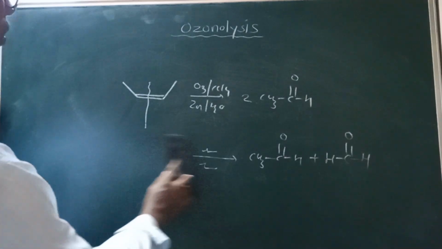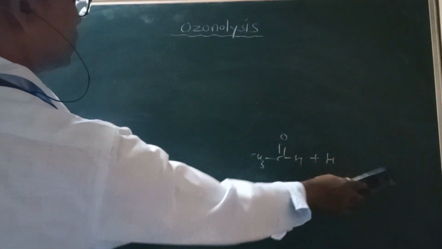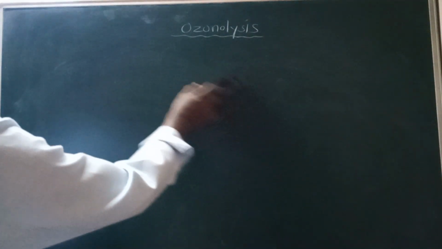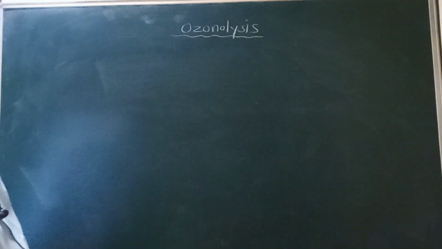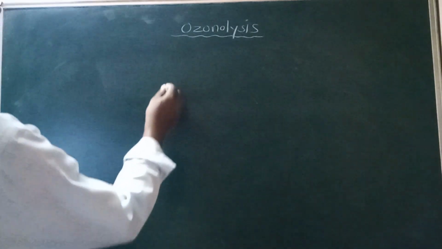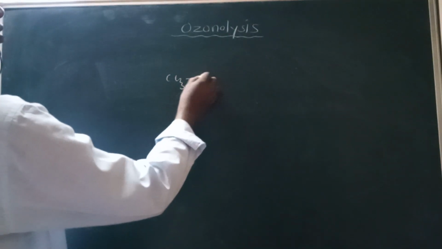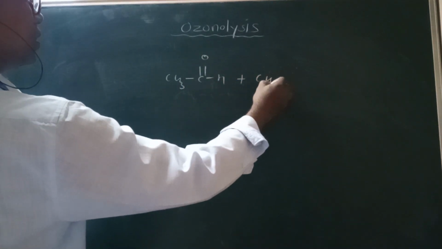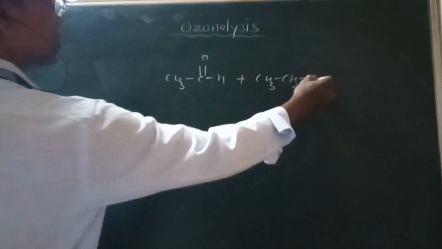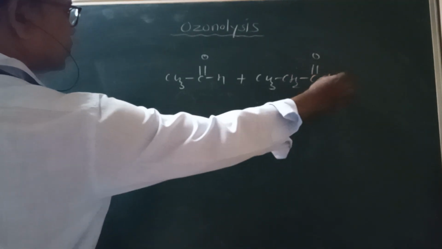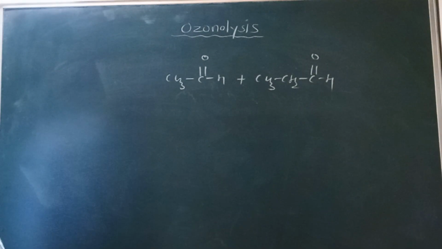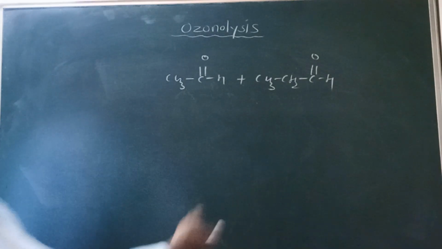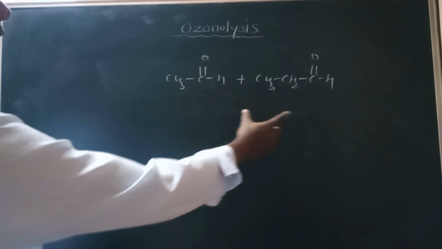Now suppose I give you the products and ask a question like: which among the following alkenes on ozonolysis gives a mixture of CH3, C double bond O, H and CH3, CH2, C double bond O, H? What is my question? Which alkene on ozonolysis gives a mixture of acetaldehyde and propionaldehyde?